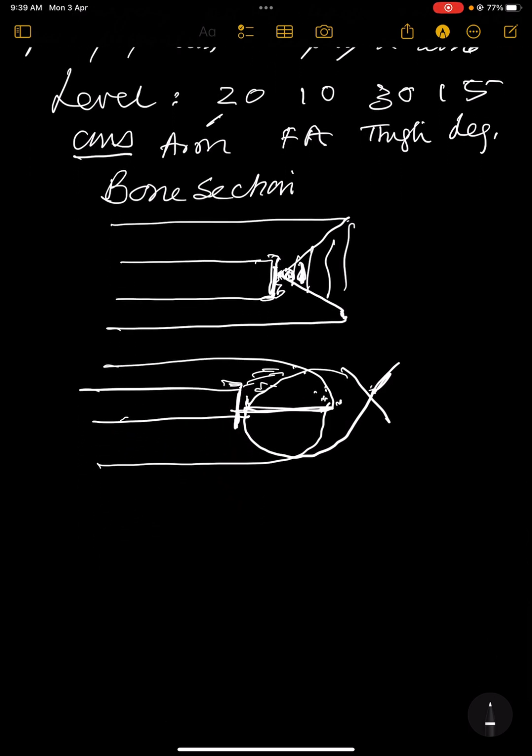Now, what are the various amputations? So there is a forequarter amputation in the upper limb, where the pectoral girdle is removed. There is disarticulation of shoulder.